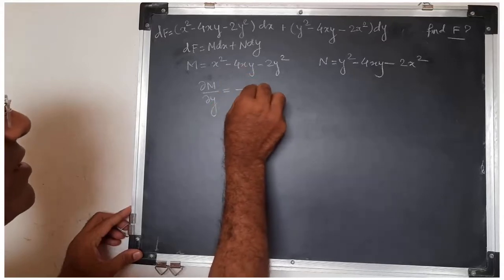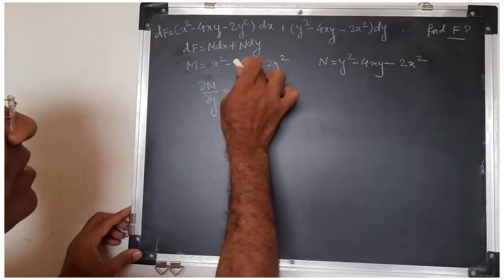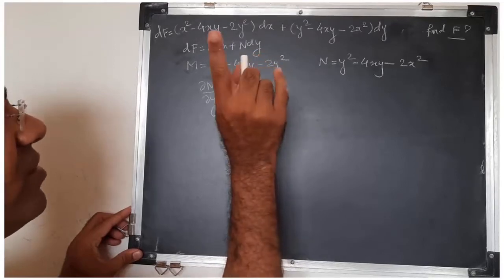Here I can write 4x, because partial y by partial y is 1.